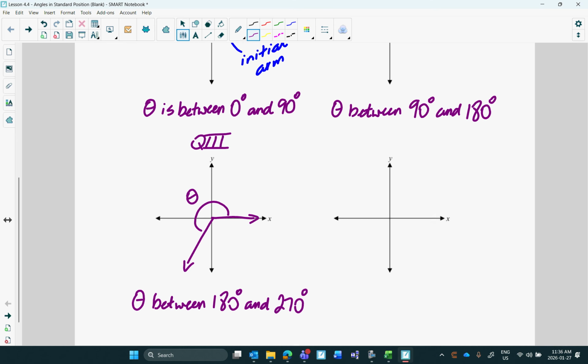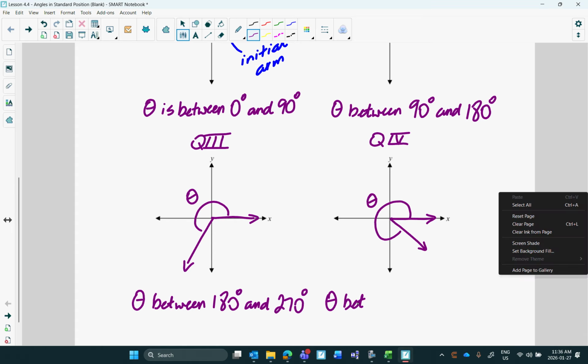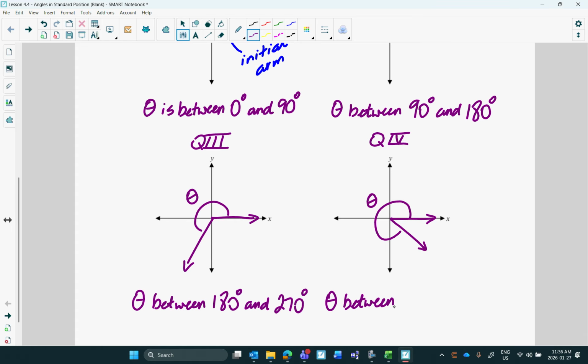But what if I want to go further than that? Well, then I have to go into quadrant 4. And then it's going to look like this. Okay. And what are all the angles I could draw here between 270 and 360?